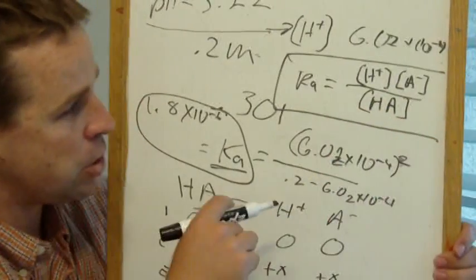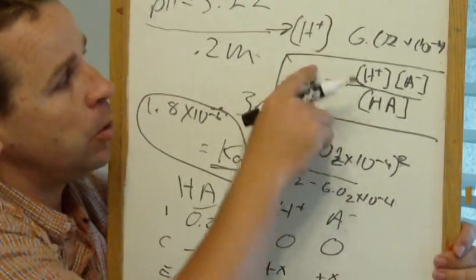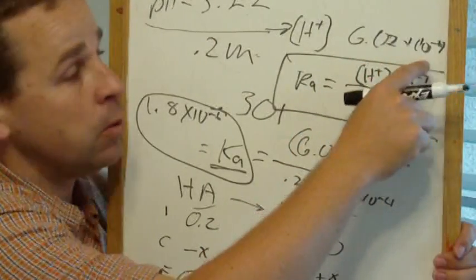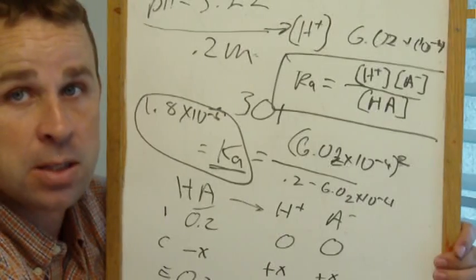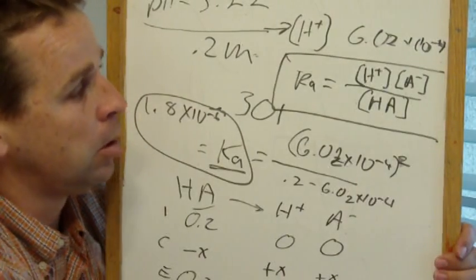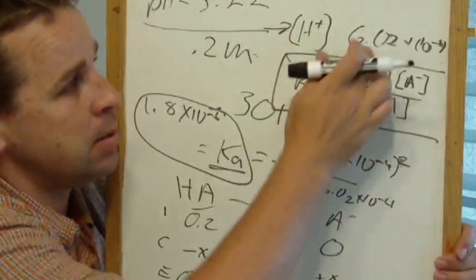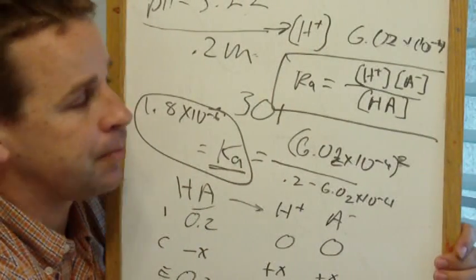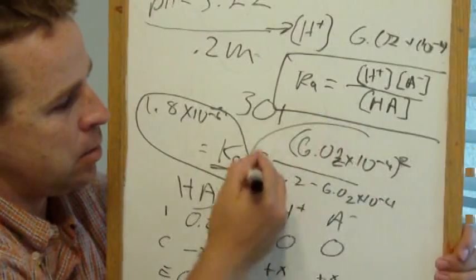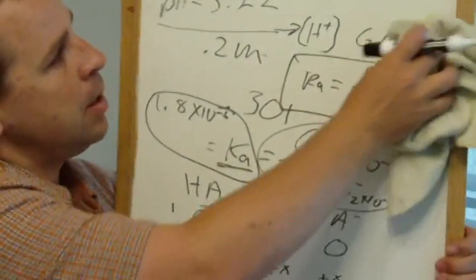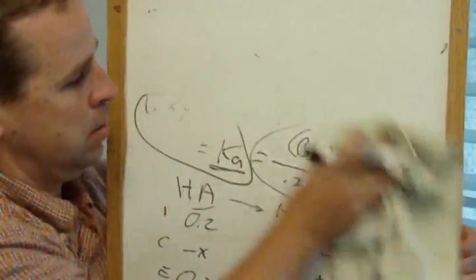We know the initial concentration of HA was 0.2. We know the final concentration of H plus is 6.02 times 10 to the minus 4. Therefore, the final concentration of A minus is also 6.02 times 10 to the minus 4. And the final concentration of HA must have been 0.2 minus this 6.02 times 10 to the minus 4. So then we can put that in, solve that value, and find out what the Ka equals.